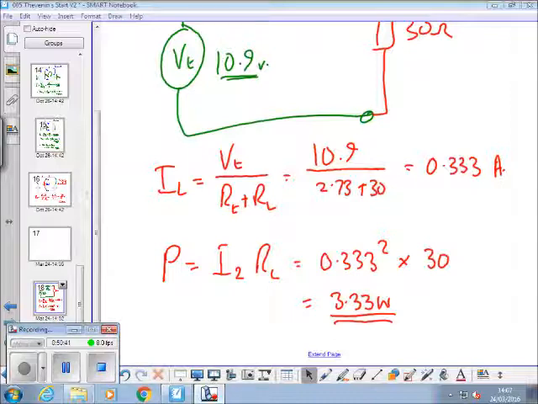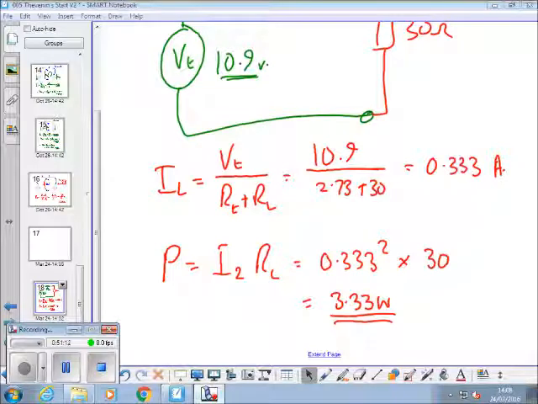Now the $1 million question is, does that stack up with what we calculated using superposition last week? It's 3.3. 3.4 watts.